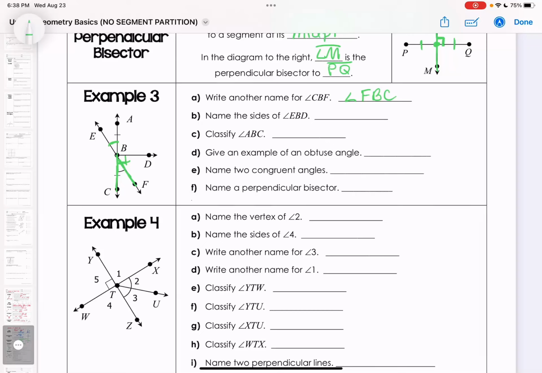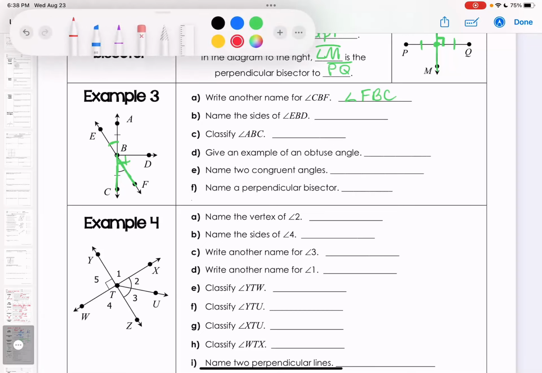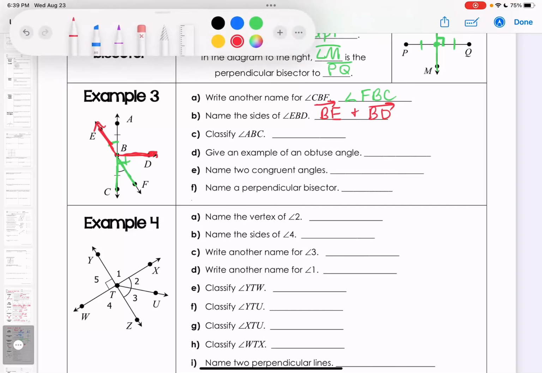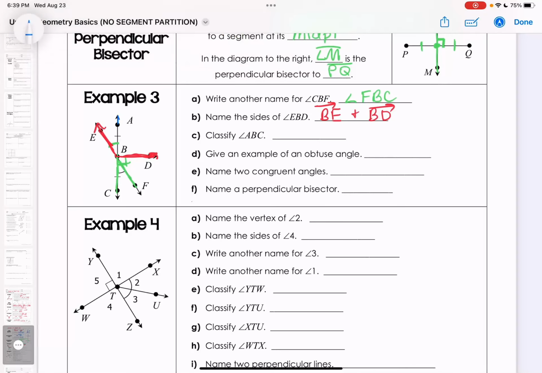So the sides, let me change the color here, sides of EBD, this angle right here, would be BE and then BD. Then we're going to classify this angle ABC.